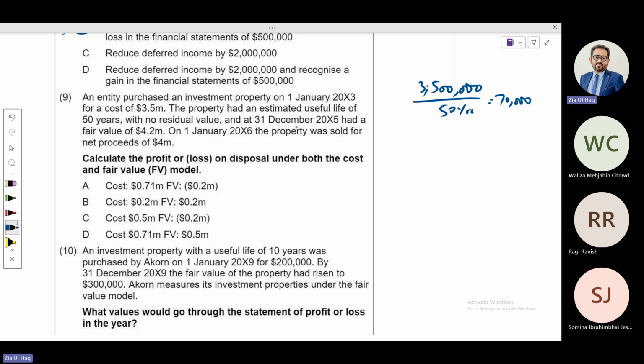At the end of 31st December 20x5, how many years? 3 years: 20x3, 4 and 5. What's the depreciation for 3 years? 210,000. Had a fair value of 4.2 million. But in fair value, we don't need to incorporate depreciation.